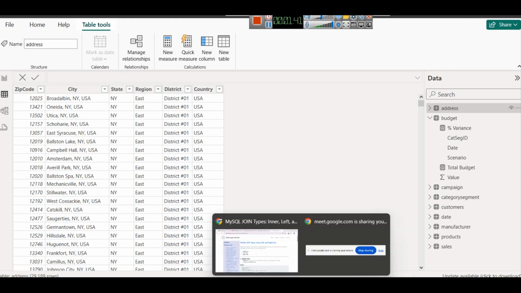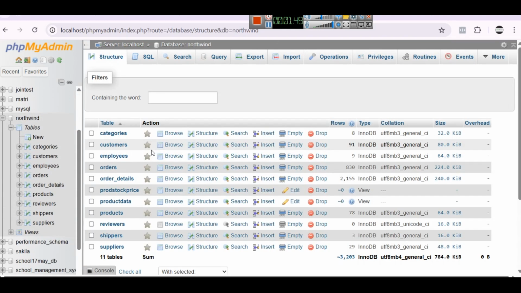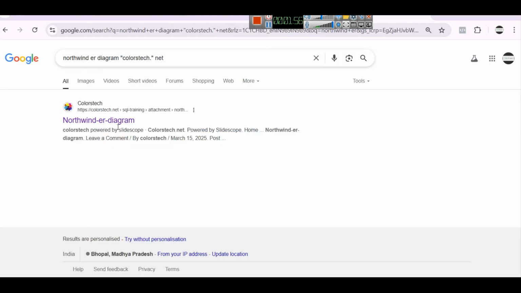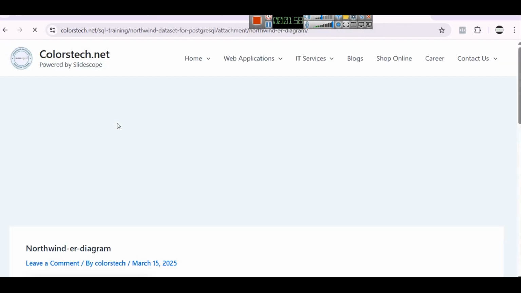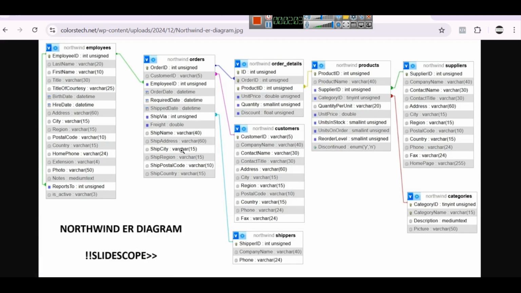So we were studying our Northwind dataset, and in Northwind dataset we have related tables. Okay, and this is the ER diagram that we created. In the ER diagram you can see, if we put order details table in the center like a bridge, it connects orders with products.